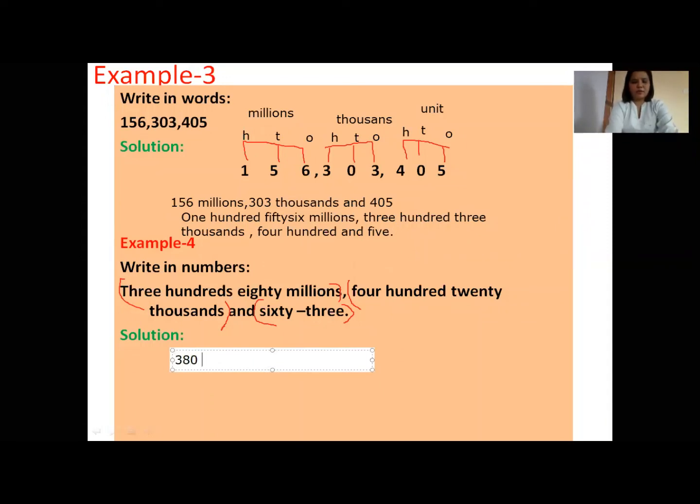380 millions, comma, 420 thousands, and there is no number in the hundreds place, so we write 0. After that we have 6 in the tens place and 3 in the ones place, so 63.